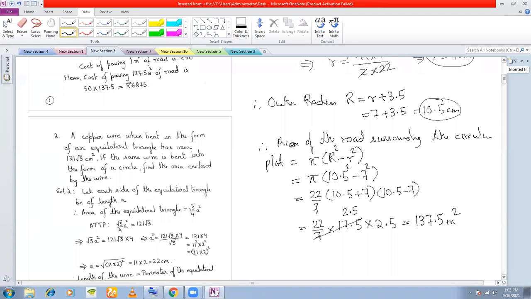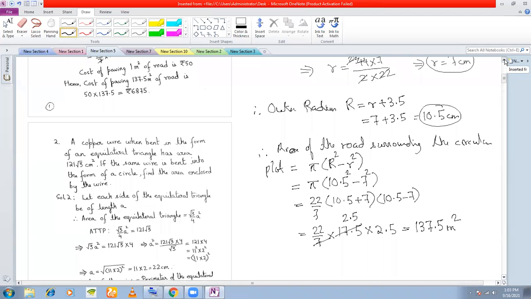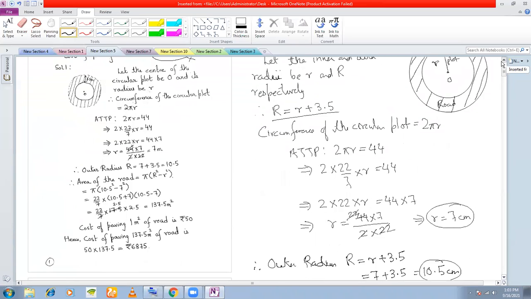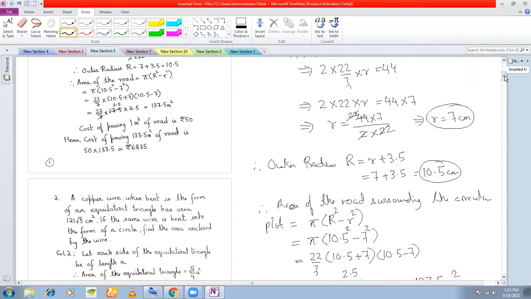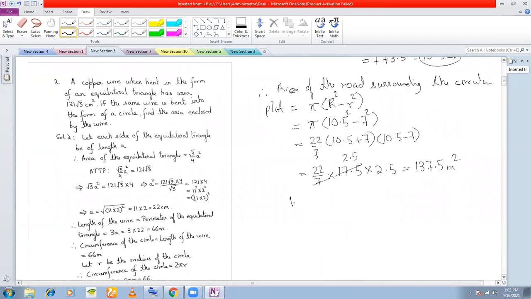meter square. Now 1 meter square costs how much? Rupees 50, right? Cost is given here. 1 meter square costs rupees 50. The cost of paving 1 meter square is rupees 50.